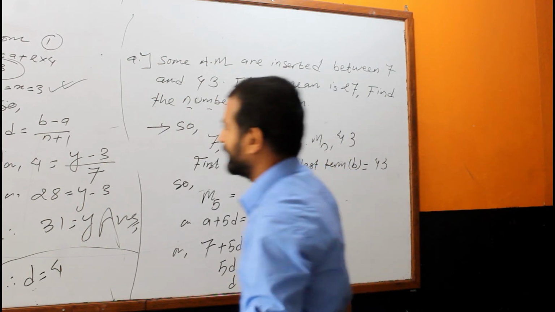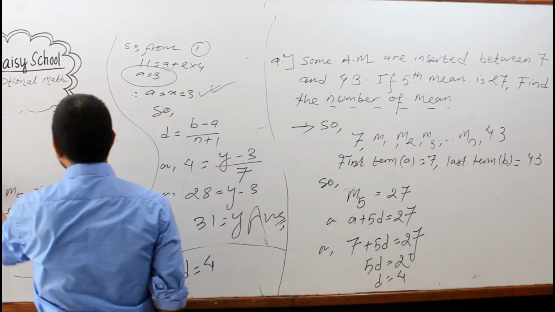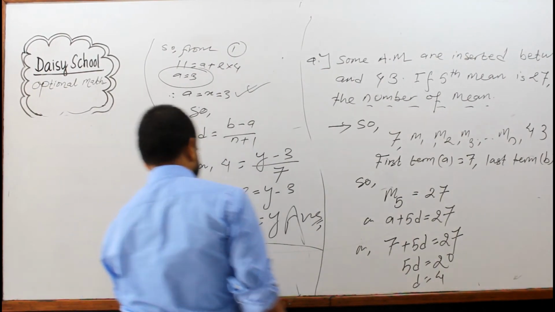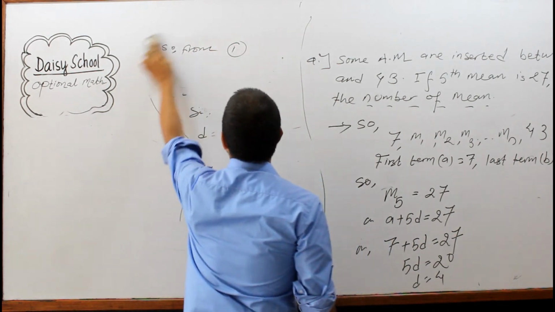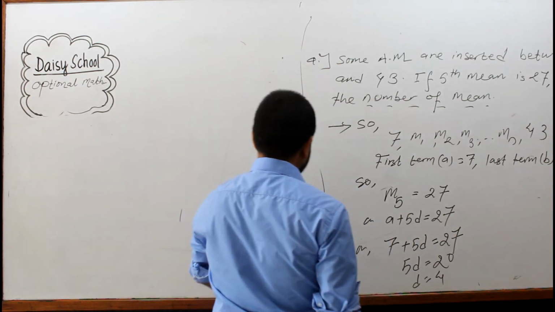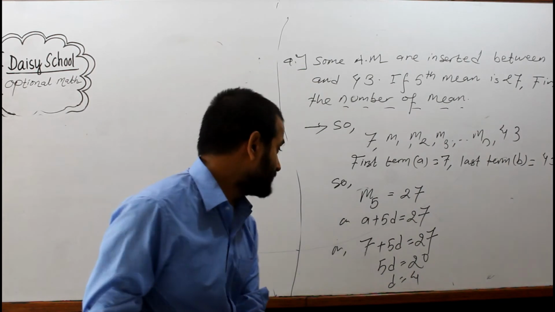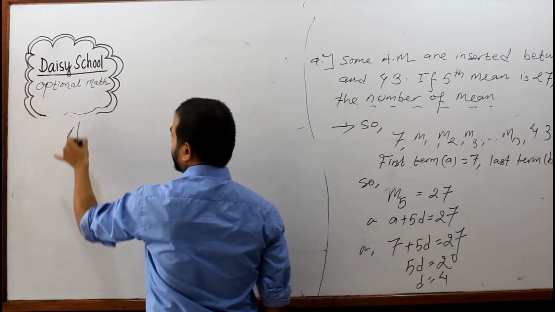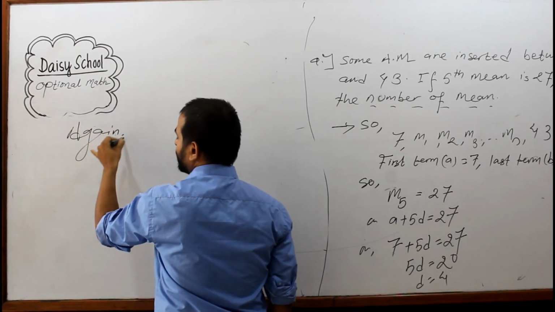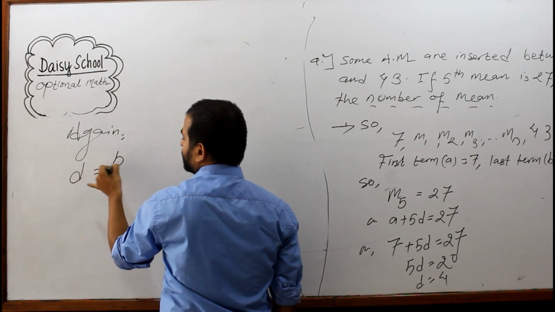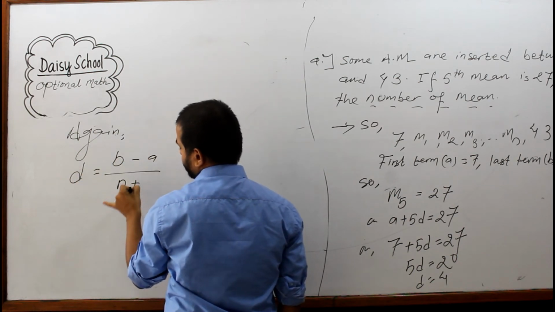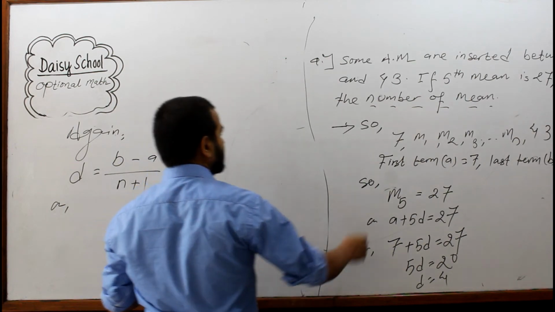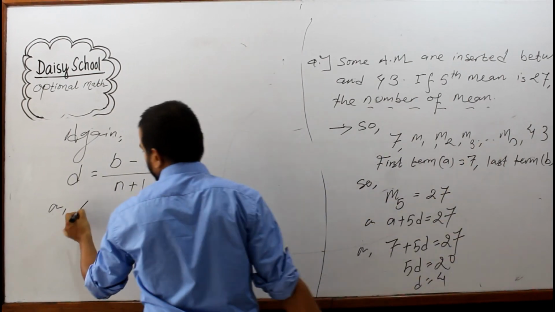Now let's check out the formula of D. The second part of this problem, using the formula of common difference, because we have got it. Again, we know that in the common difference formula D is equal to B minus A by N plus 1. Common difference D we got is 4.